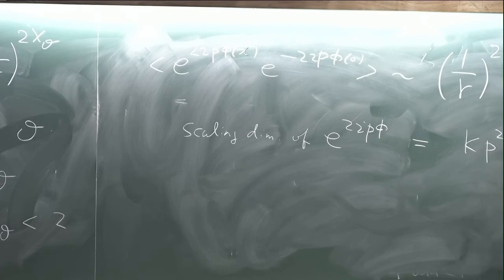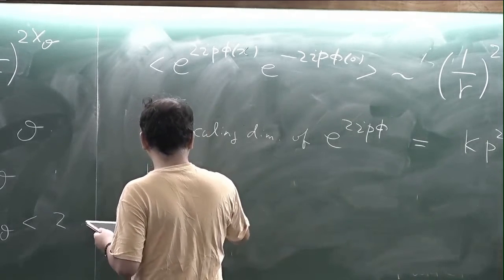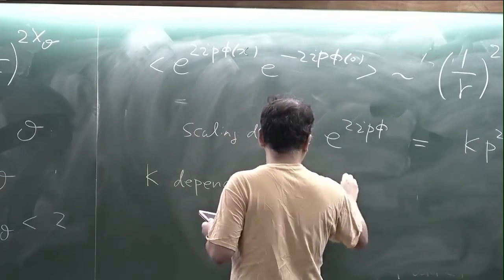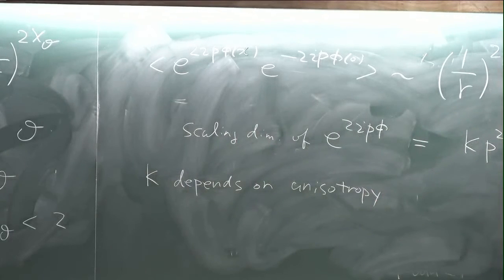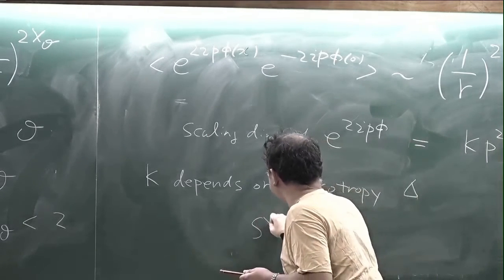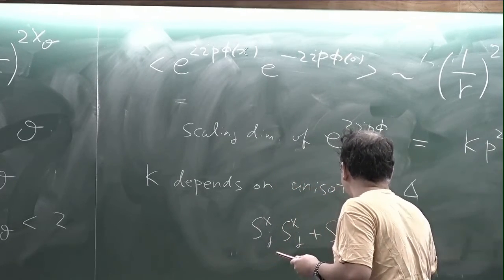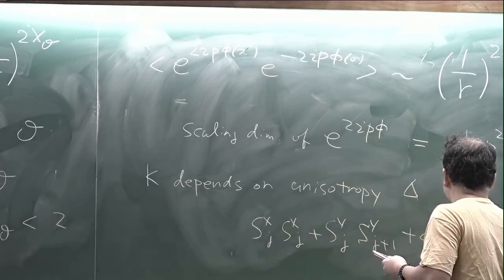And if you consider an XXZ type chain, as we discussed yesterday, K depends on the anisotropy. Roughly, because the anisotropy, which is the coefficient of S^z S^z, roughly gives you the interaction. So the XXZ chain is S^x_j S^x_{j+1} plus S^y_j S^y_{j+1} plus Δ S^z_j S^z_{j+1}.